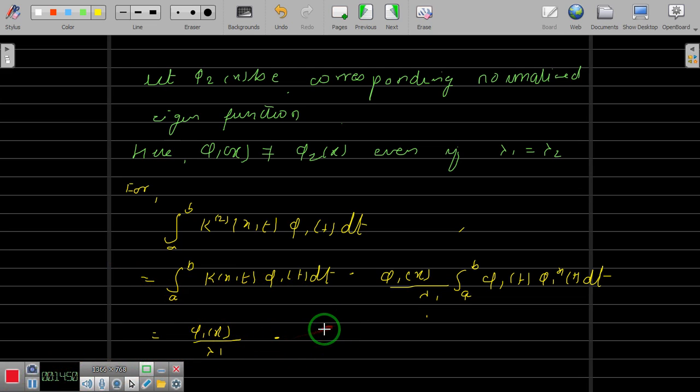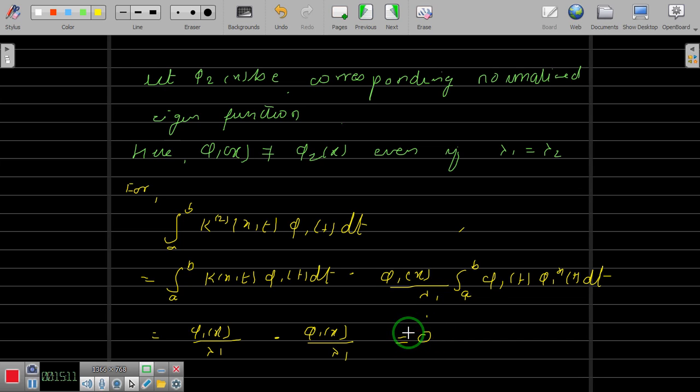And this will be equal to minus, since this is orthonormal, the integral will be 1, and this will be phi 1 of x upon lambda 1, and this will be equal to 0.